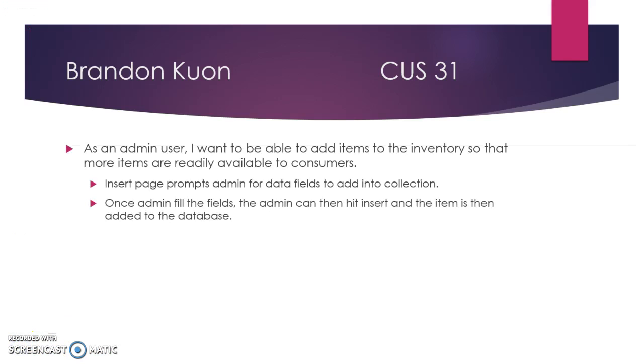As an admin user, I want to be able to add items to the inventory so that more items are readily available to consumers. The insert page prompts the admin for data fields to add it to the collection. Once the admin fills the fields, the admin can hit insert and the item is then added to the database.